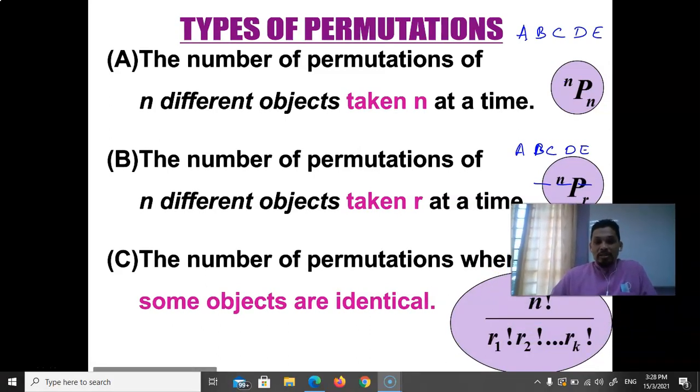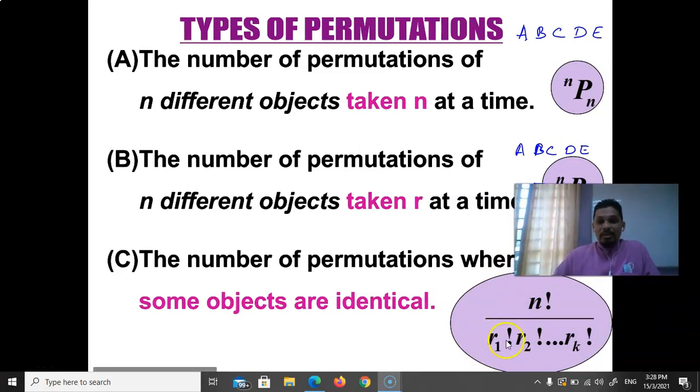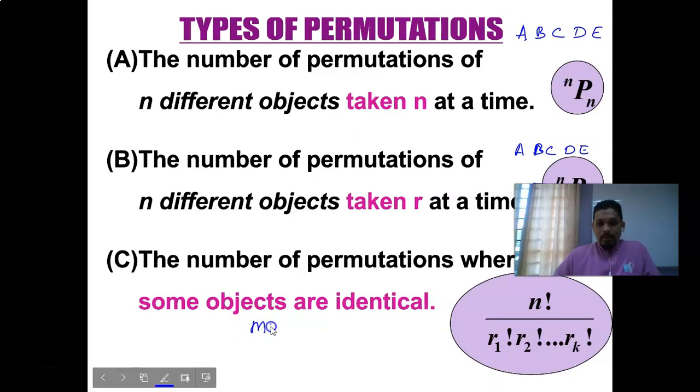And the number of permutations where some objects are identical. Identical means that, let's say, I have the word mathematics. So there are 1, 2, 3, 4, 5, 6, 7, 8, 9, all letters are 9 here. But then there are letters that are repeated.